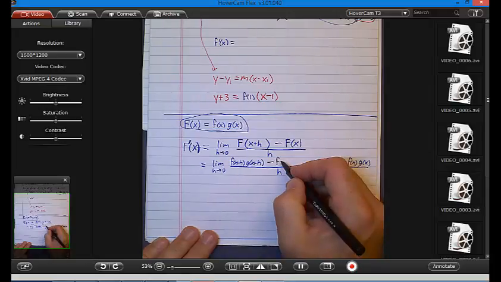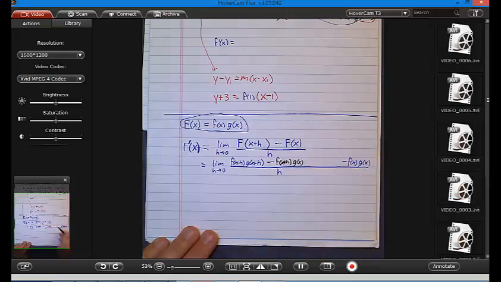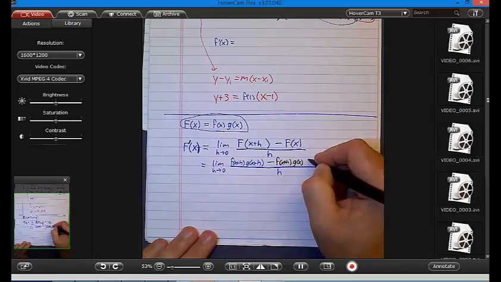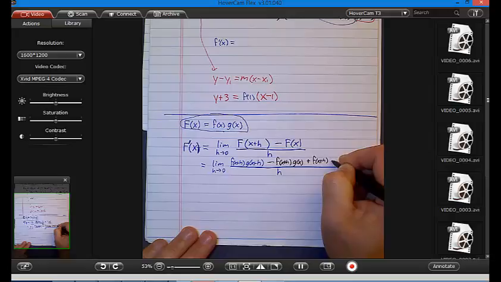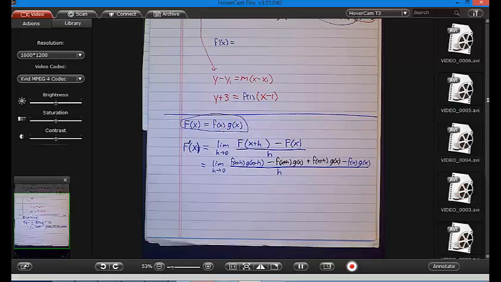Little f of x plus h times little g of x. And that's allowed as long as we also add little f of x plus h, little g of x. Correct? Nothing wrong with doing that. But I guess the question is, why did I do that?